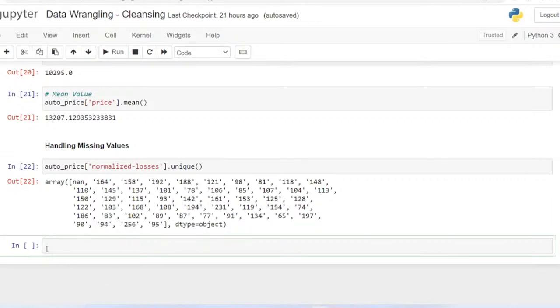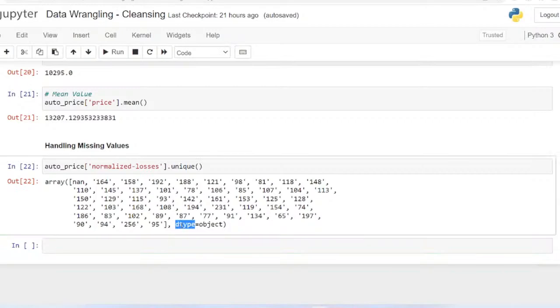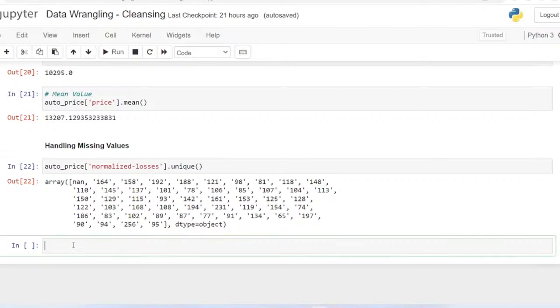Once we have got continuous data, you need to typecast it. This is a type object, right? You see everywhere, this is treated as a type object here. So the first thing we will learn is how to do the typecasting for a single column.